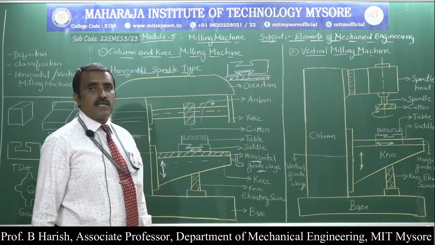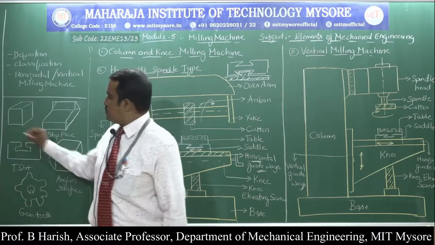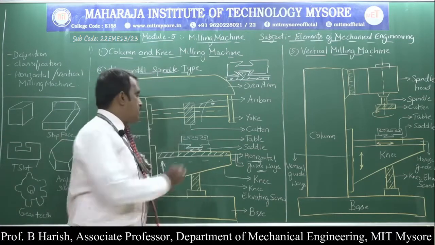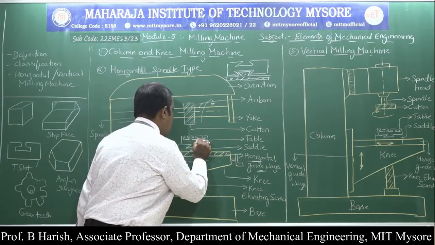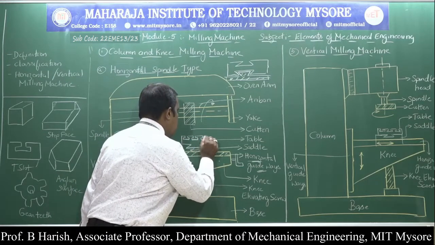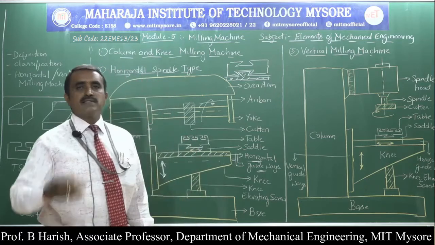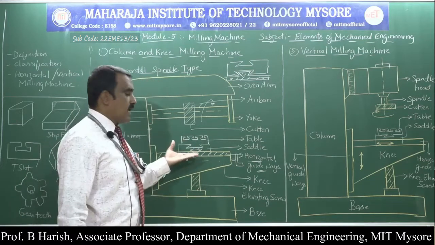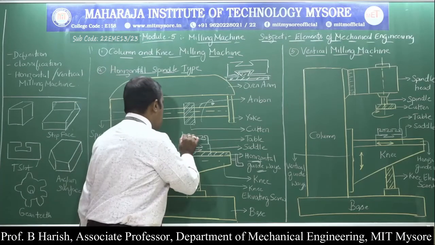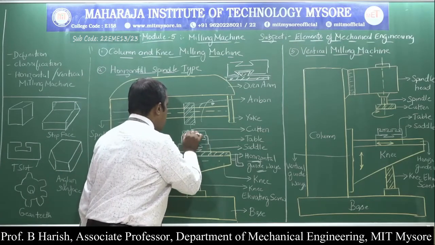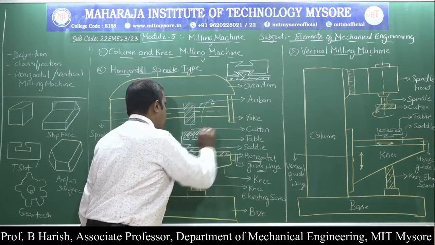The table is the part which holds the workpiece. I told you that one of the operations performed is to get T slots. You can observe the T slots on the top surface of the table. So this is the T slot, and this is the table. The table is the part that is placed on the saddle. Over these T slots, I can place the workpiece on which the required operation can be performed.